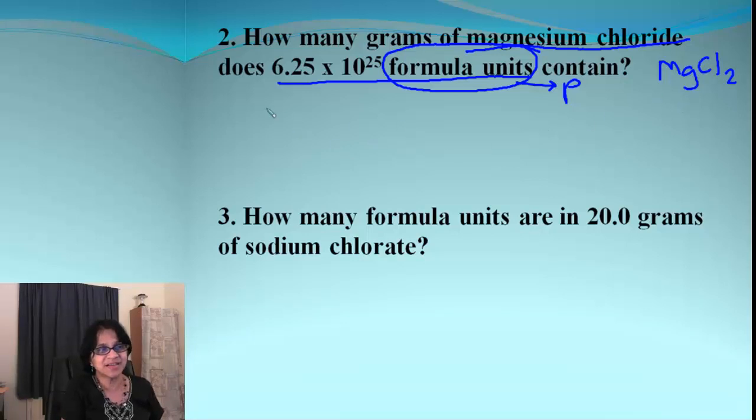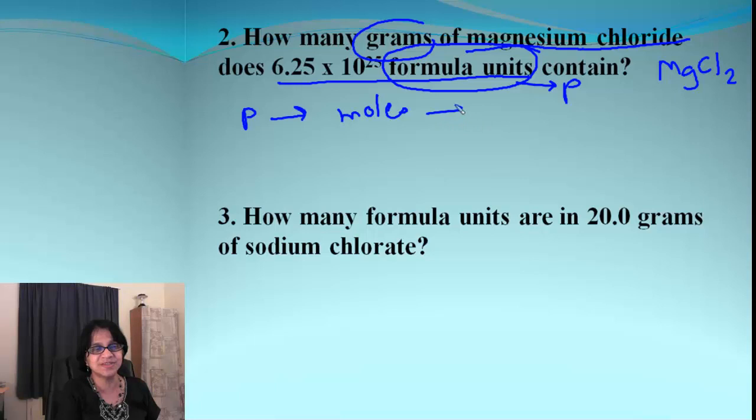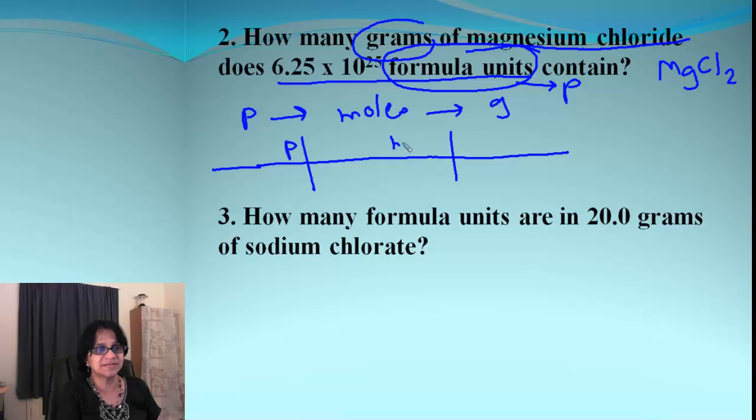So particles are given, and from particles we need to go to grams. The roadmap has to go through moles, so it's particles to moles and moles to grams. Let's put that in the right format. That's the particles, moles, and that's grams.